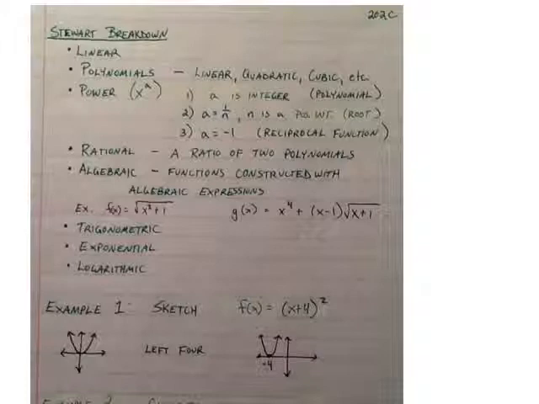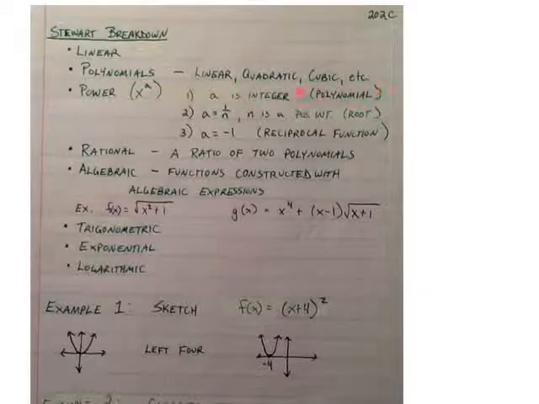Alright, Stewart has a somewhat different breakdown for the 12 parent functions. We have the linear, and then he says the polynomials, which are like linear, quadratic, cubic. And then we have the power functions, which he subdivides into 3 different types of power functions. The first is where a is an integer, so we have like x to the second power, x to the third power, x to the fourth.